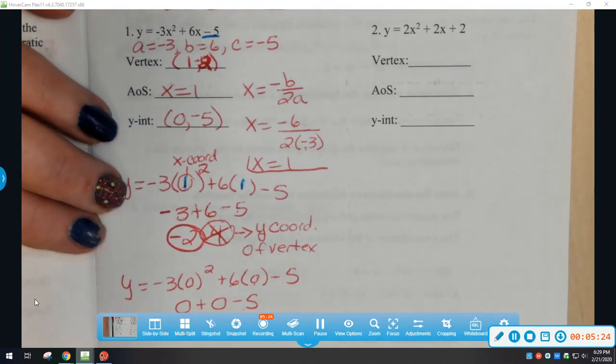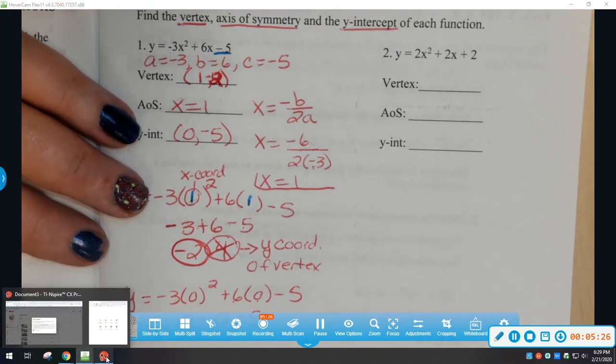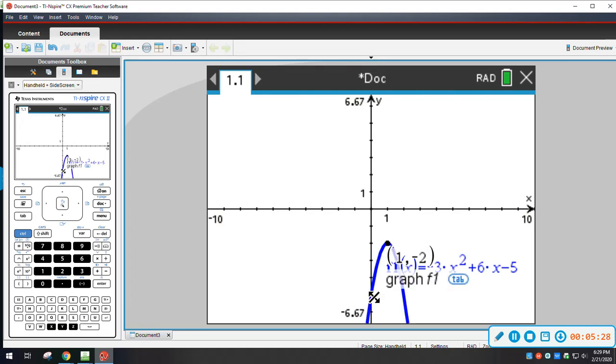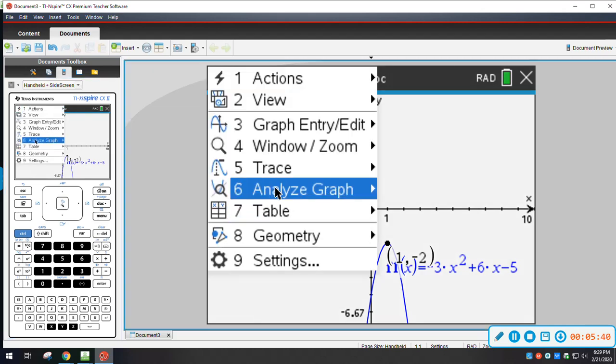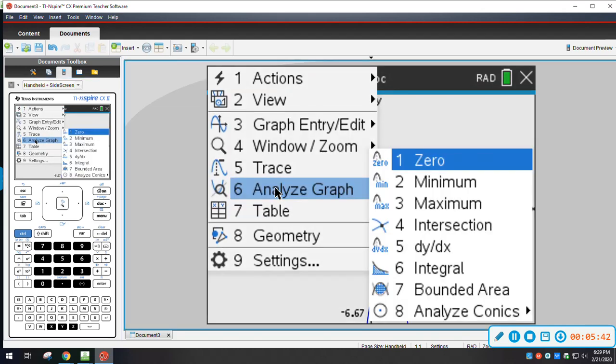And what else did we find? Our y-intercept. Let's check, see if our y-intercept's correct. Negative 5. Yeah, right there. I don't know if there's a button to figure that out. Let's see. Y, analyze graph. We can do our zeros. They didn't ask us for our zeros.